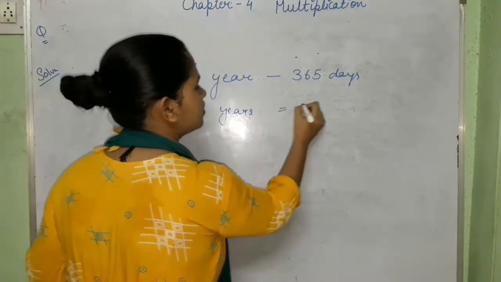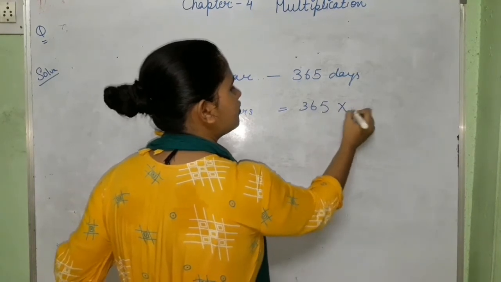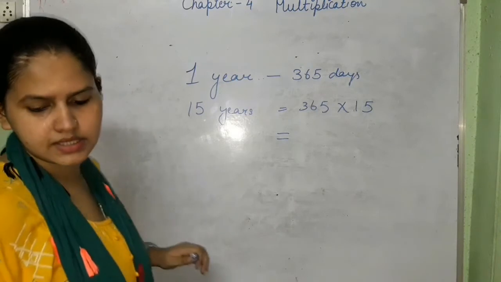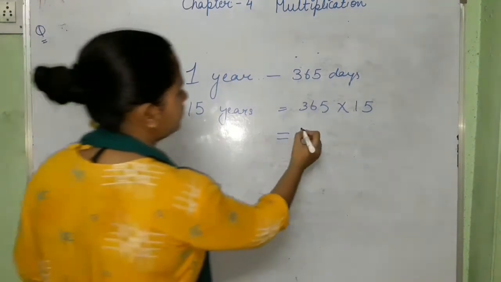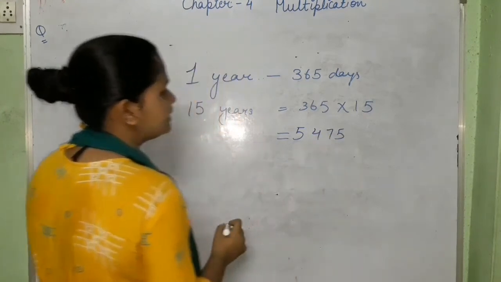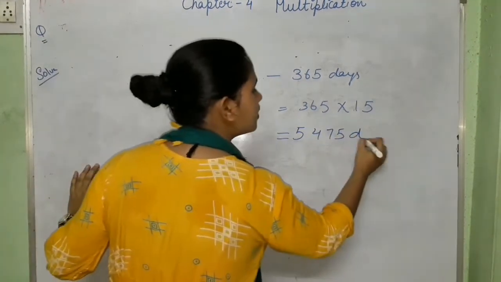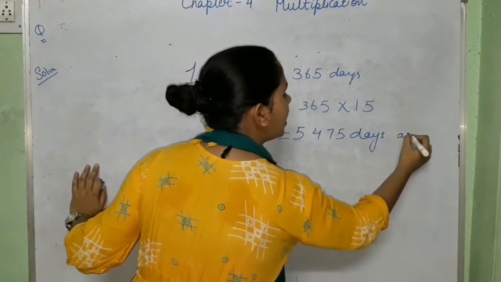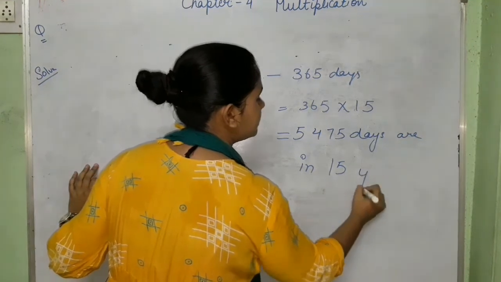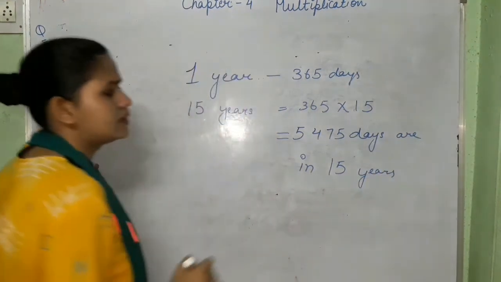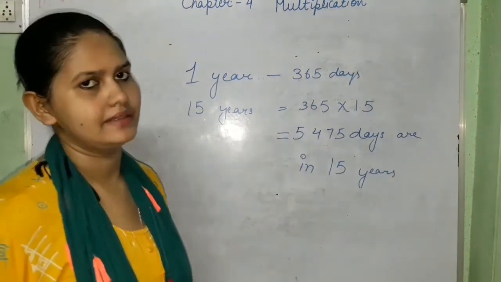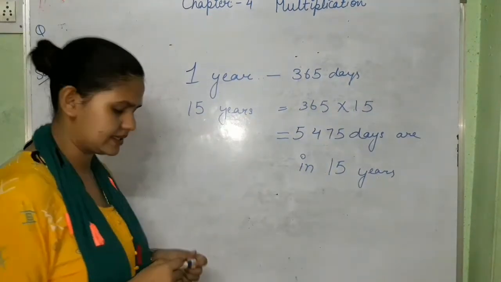So what will we do? We will multiply by 15. Then in 15 years, the days will be 5,475. But you have to know how to multiply. In this way you can easily find the answers.